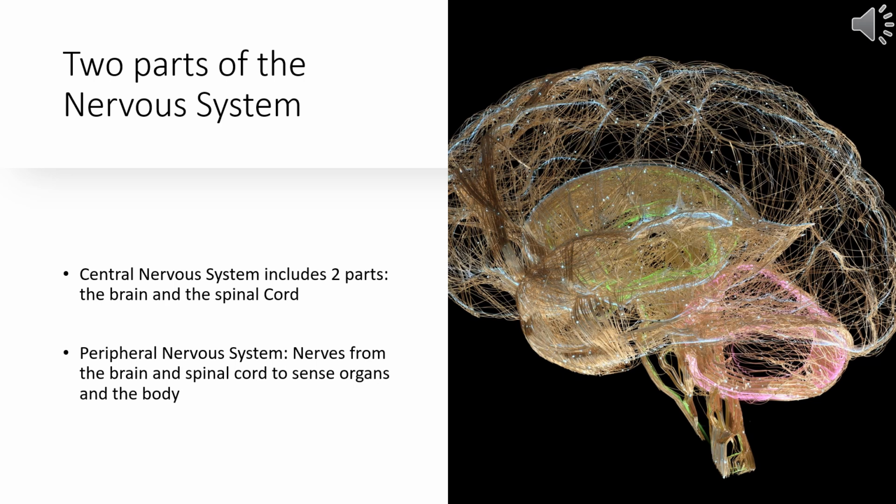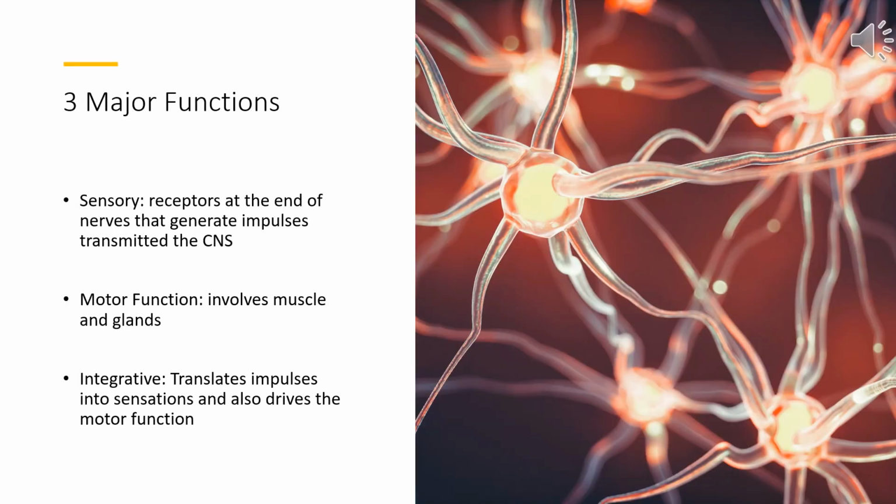The second part of the nervous system is the peripheral nervous system. That is nerves from the brain and spinal cord to sense organs in the body. There are three major functions of the nervous system.